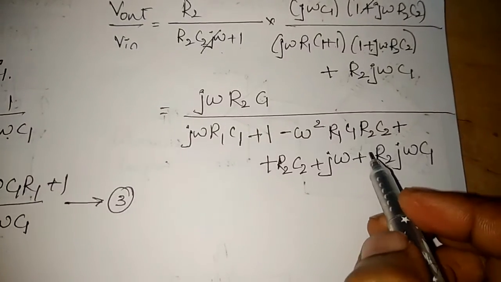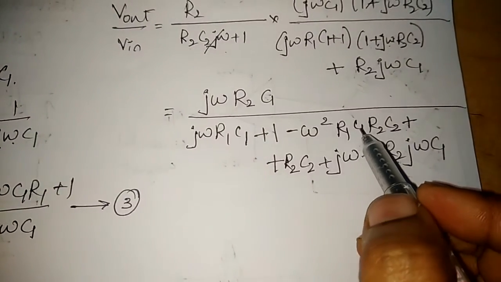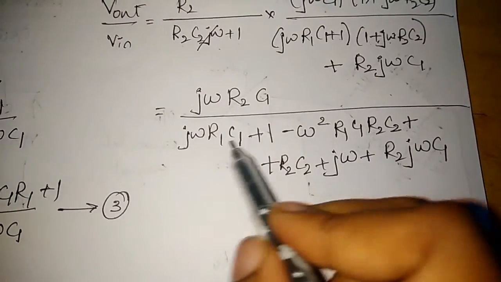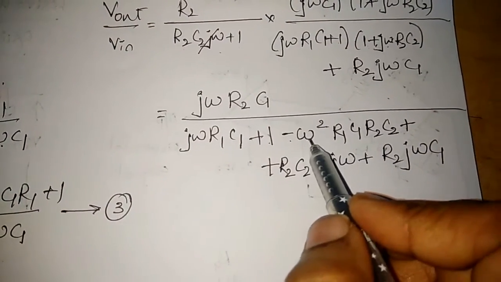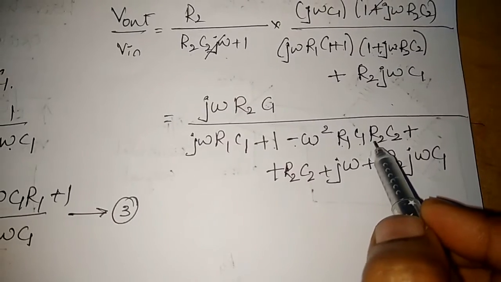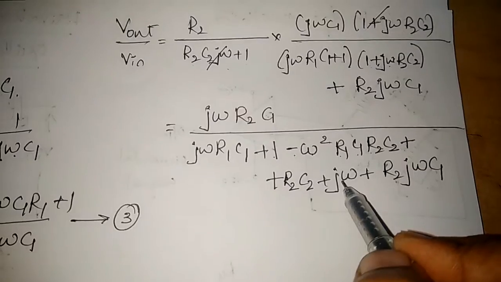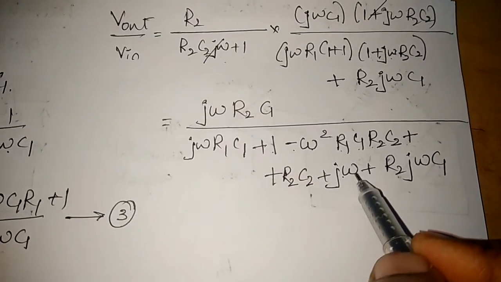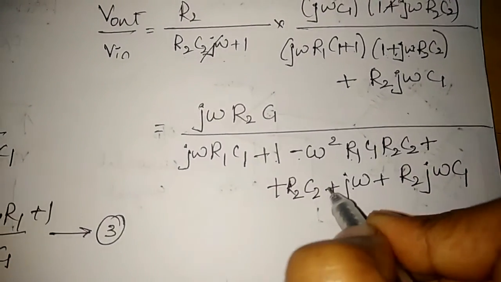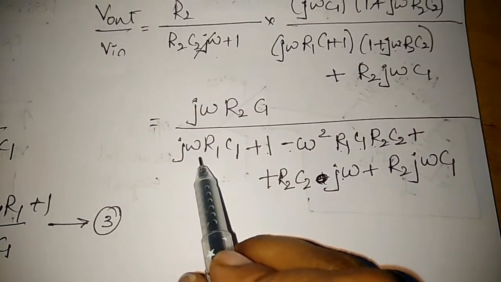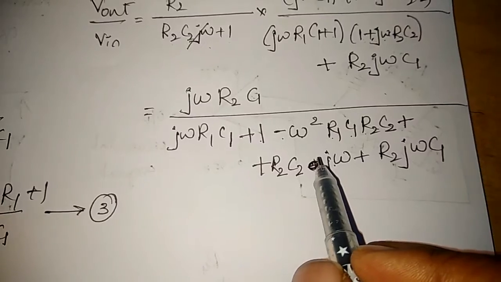This is what you will get. This we can write as 1 minus omega square R1C1 R2C2. You can group that into 1. And here you can take this as common, taking j omega common so that you can make it as one group.